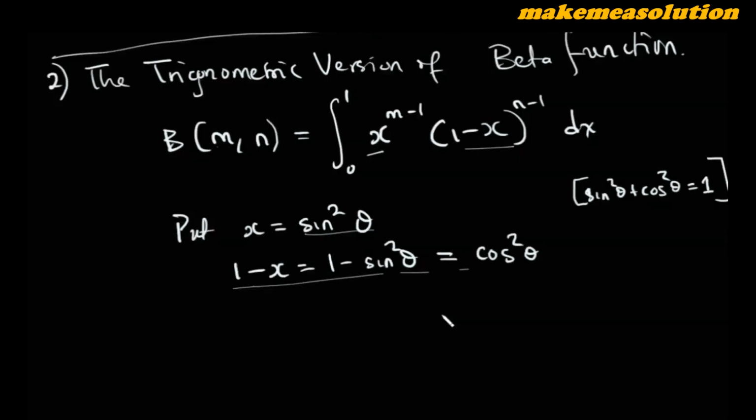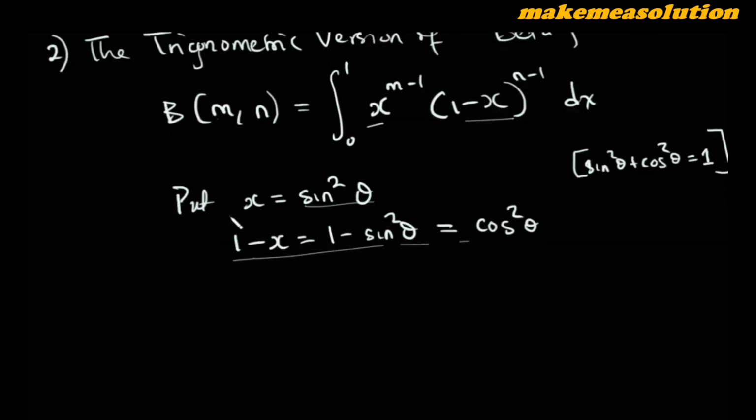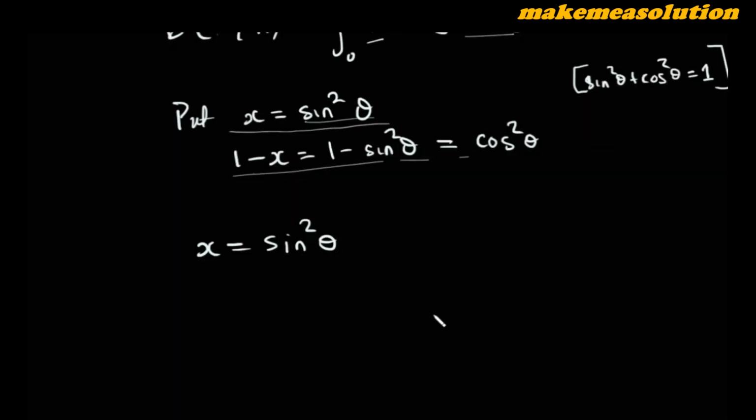Now we also have to evaluate the impact of making this substitution. How does this substitution affect the boundary of my integration? So x is equal to sine squared theta, and 1 minus x is cos squared theta, good and fine. Now if x is equal to sine squared theta, then making theta the subject of the formula, theta is sine inverse of square root of x.